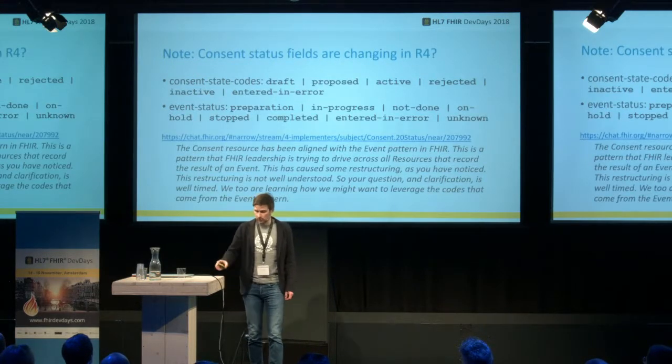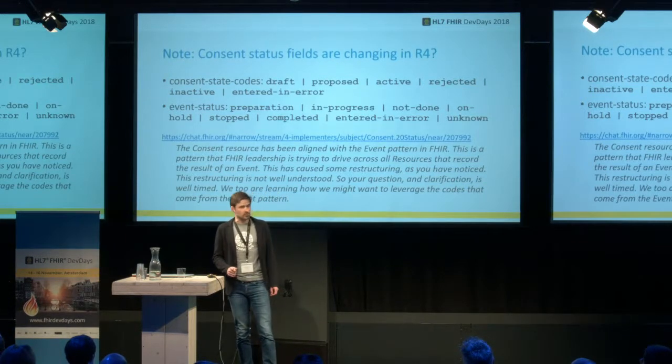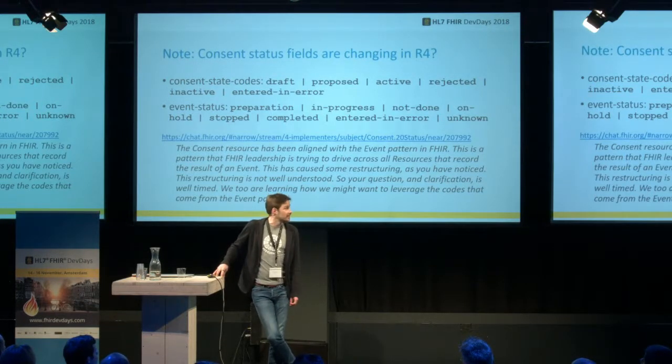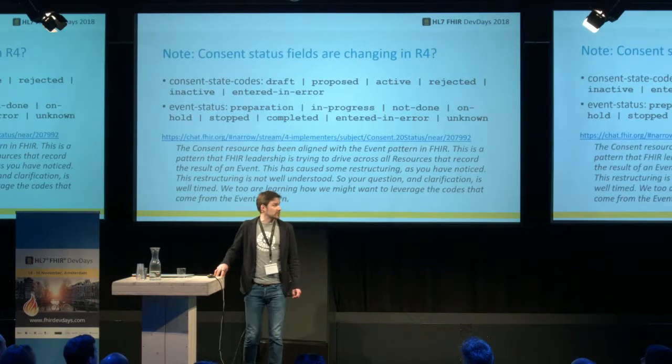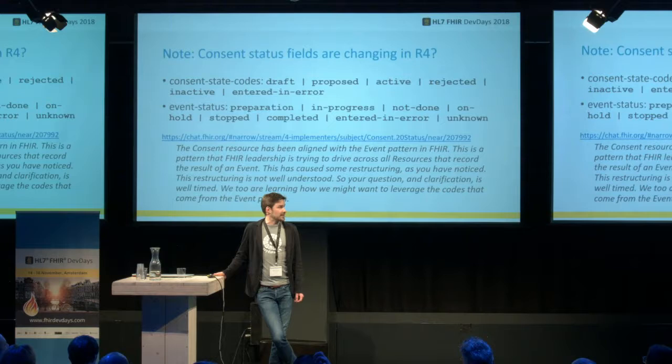So going on to the consent resource. This came up on Zulip chat a few days ago. I thought about should I cancel my presentation entirely, because that's based on R3. And then there we have these consent state codes, and they are draft, proposed, active, rejected, inactive, entered in error.